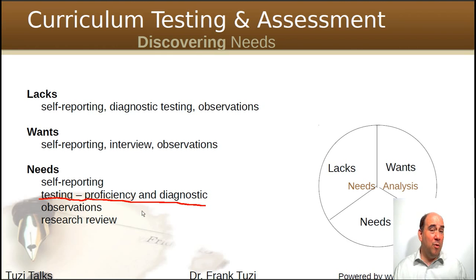You also want to review the research on things that are being done, on things that need to be taught, to find out, maybe they don't need this particular thing now. Maybe you've got students who already have a good 2,500 vocabulary.